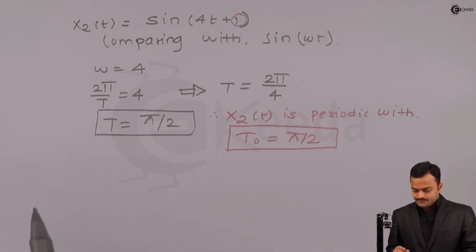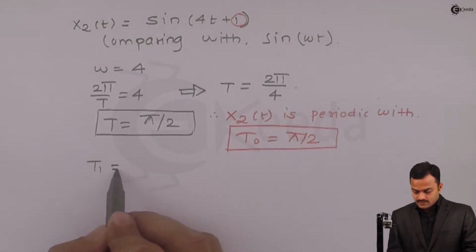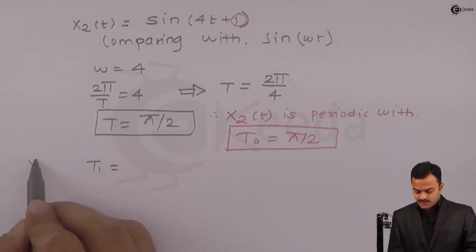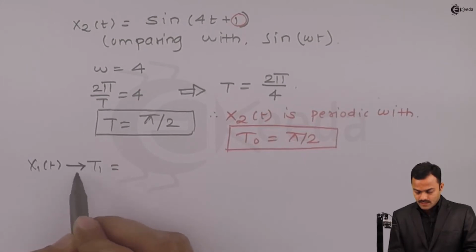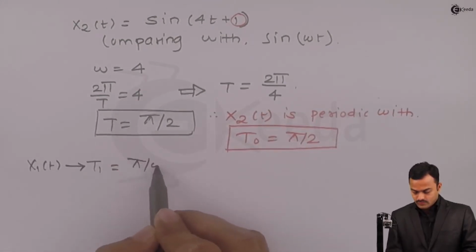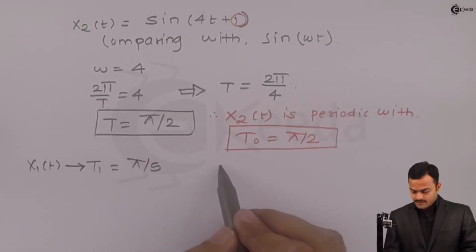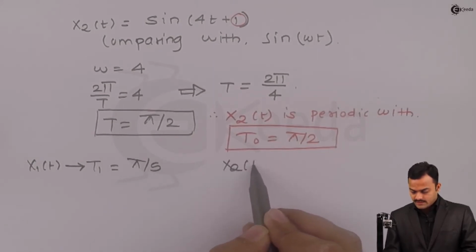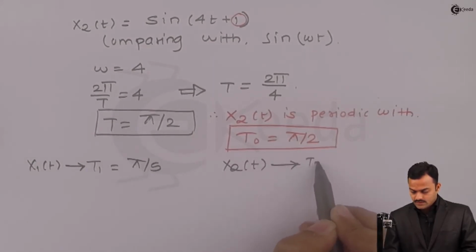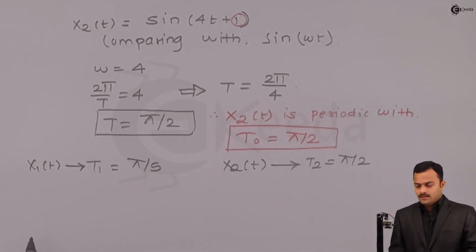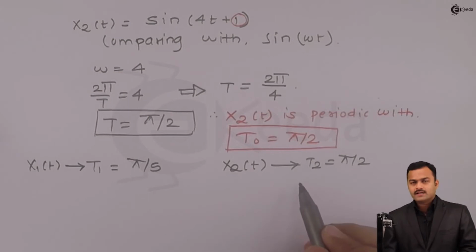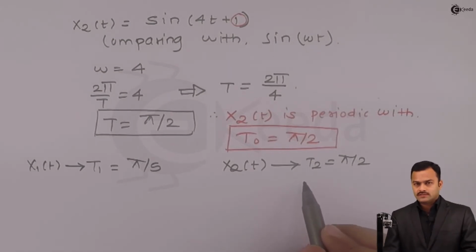Now we consider the fundamental time period for the first signal as T1 equal to pi by 5, and for the second signal it is pi by 2. And now we need to find out whether the combination of these two signals, which is x(t), is periodic or not.